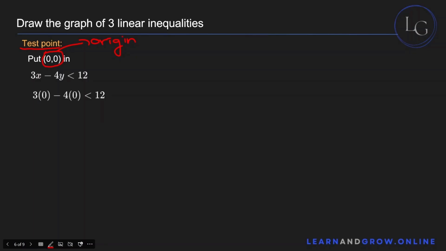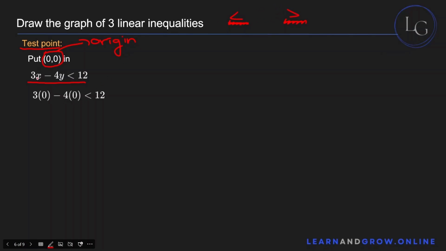Oh, and by the way, just a reminder that when you're finding out the resultant of the test points, you basically remove the equal to sign in any inequality. So for example, if you have less than or equal to, you remove this equal to part, which is this line underneath. And similarly, for greater than or equal to, you remove the equal to sign, right? So you're just left with these simple inequalities.